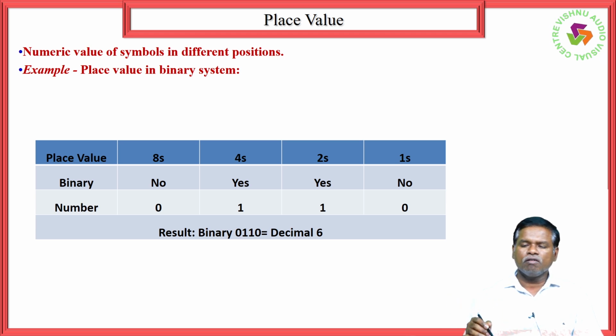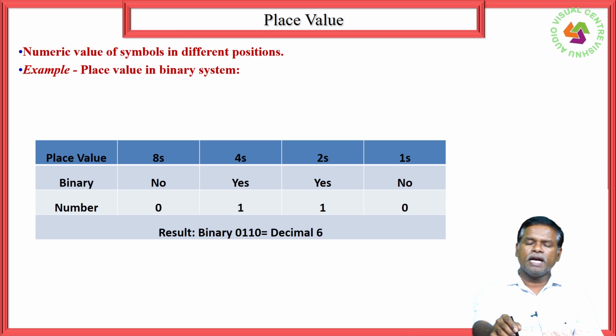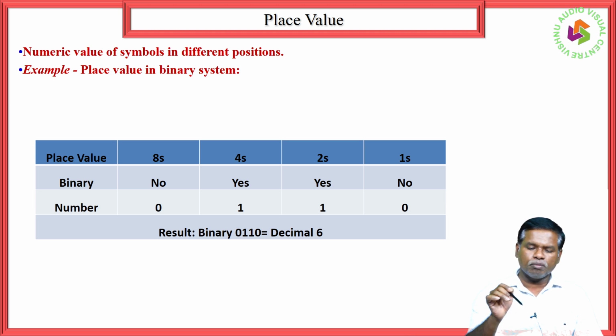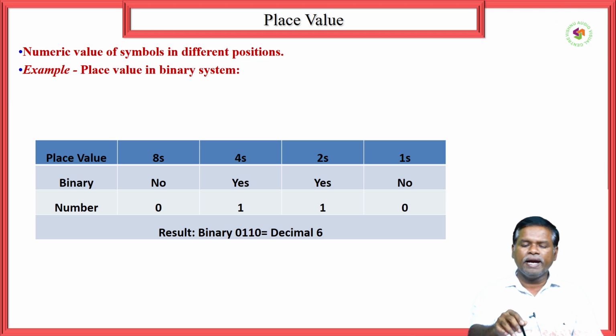Considering the place value, in the 8's position we have binary 0, so the result is 8 into 0. In the 4's position we have 1, whose positional value is 4, that means 4 into 1.